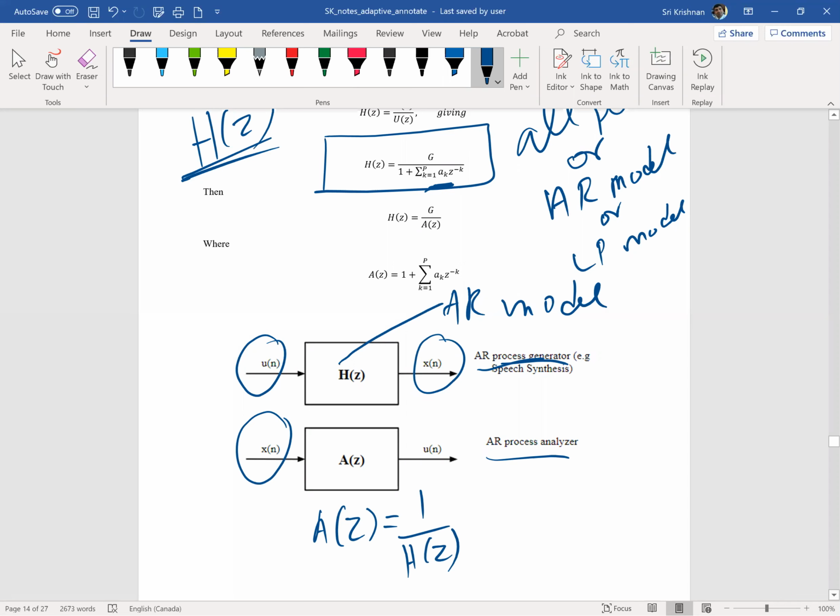Then the output of that one, just from simple theory that we have seen before, you will get that hypothetical input. Why it's important is that if you know your model H of Z, you could get A of Z, and once I know A of Z, I can also try to get an understanding of the hypothetical input that's driving your physiological signal.